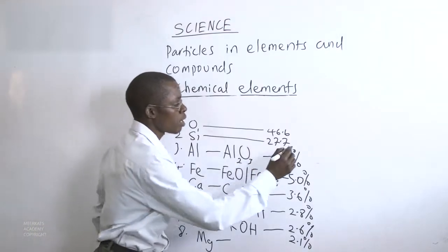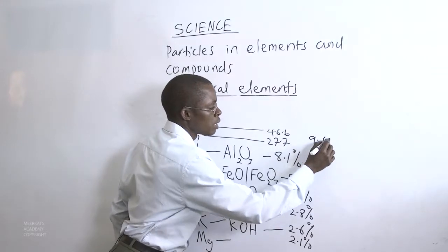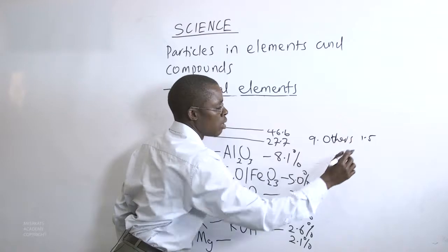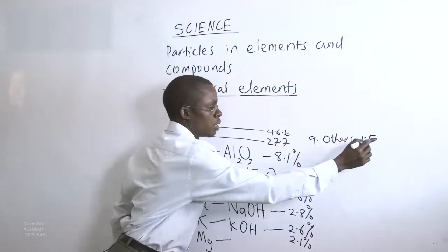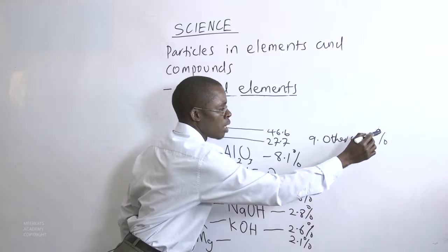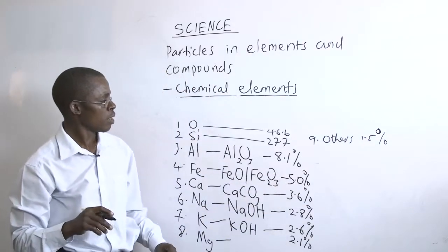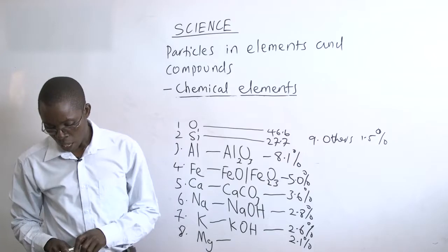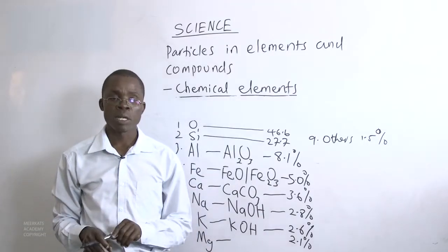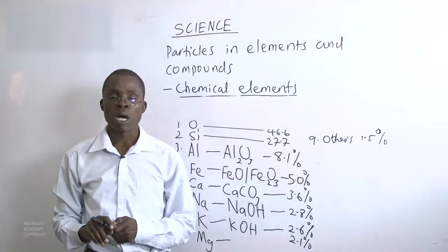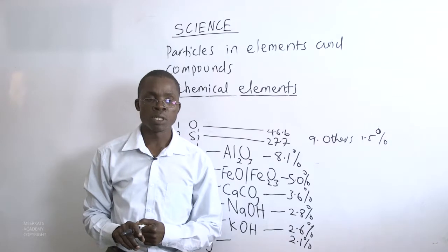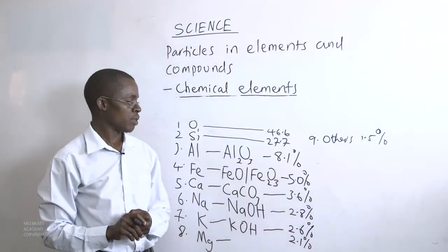But remember, we also have our number 9, which is others. And the others we said is 1.5%. So we convert these, number 1, by making a pie chart. And from that pie chart, we convert it into a bar graph. So let's start with the pie chart.